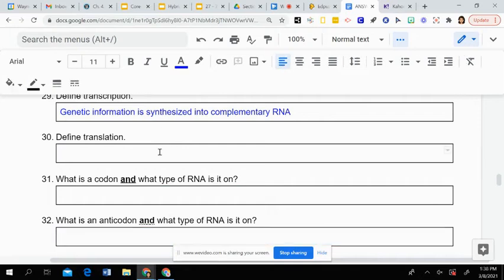What happens in translation? Stage. Right. So translation is where the messenger RNA is read and it specifies the sequence of amino acids, I'm just going to summarize a little bit more there, to create a specific type of protein. Okay?